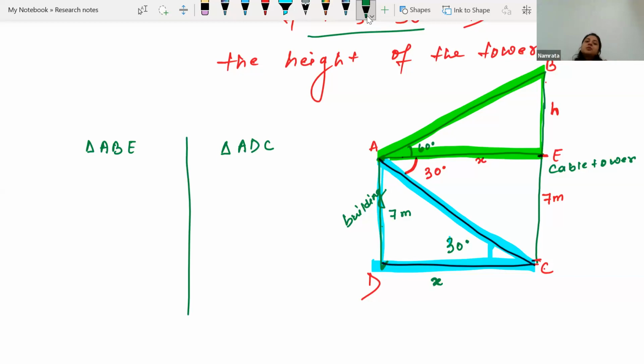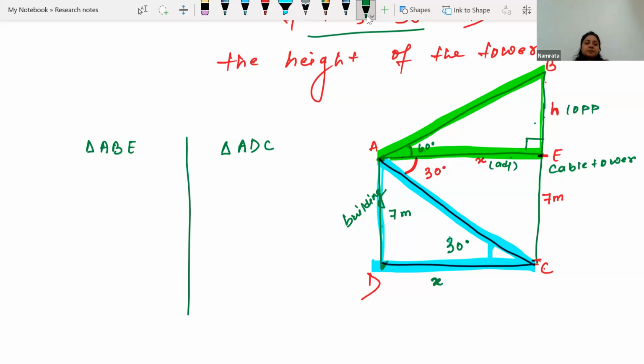Now tell me which trigonometric ratio we will be taking for the green triangle. I can see this is the perpendicular, this is the opposite side and this is the adjacent side. Opposite and adjacent I want to use over here.